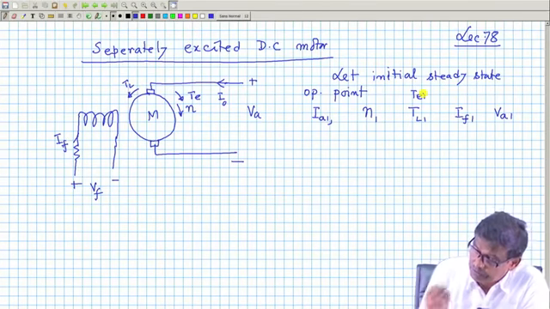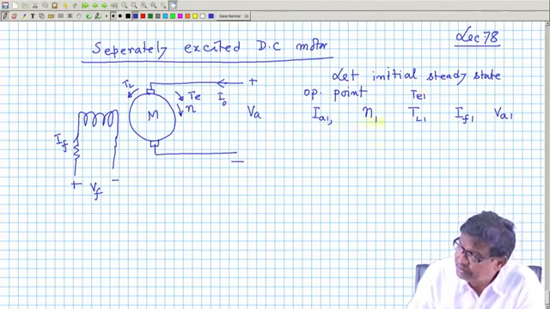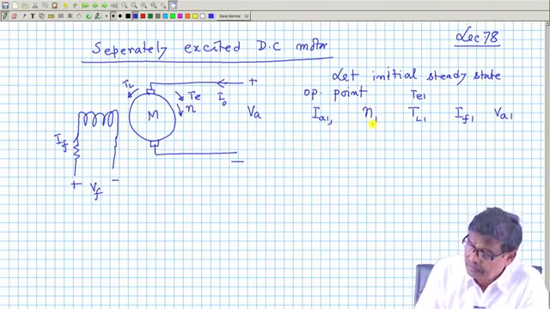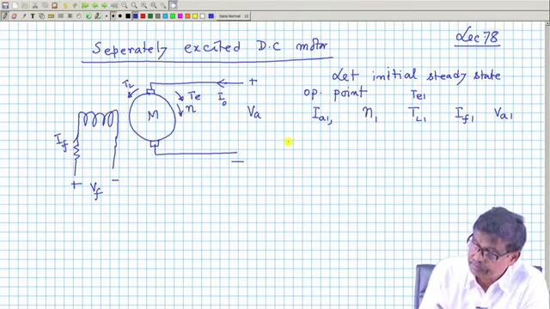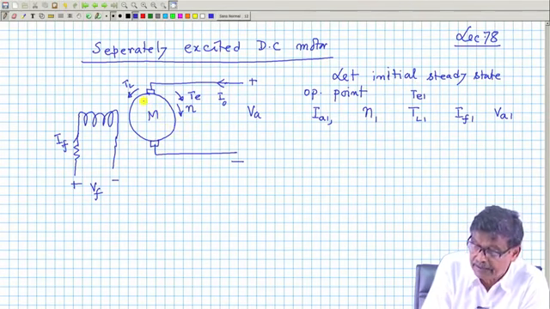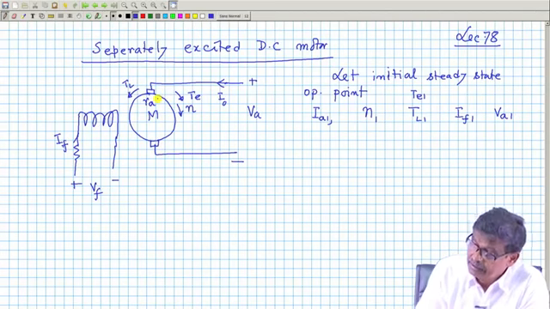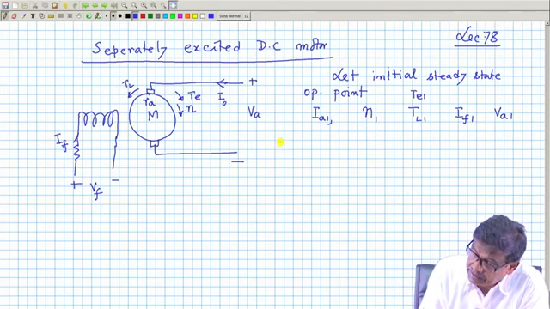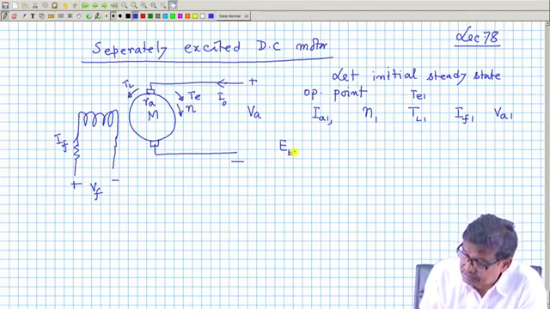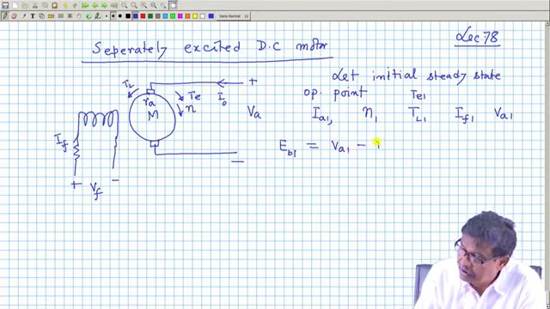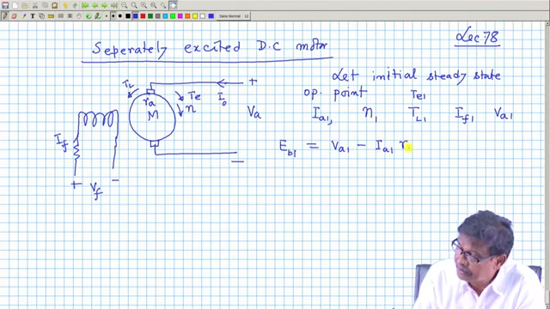Then what you have to do is write two equations. Armature resistance is RA. I will not now neglect armature resistance: the back EMF EB1 will be equal to the applied voltage VA1 minus IA1 RA.